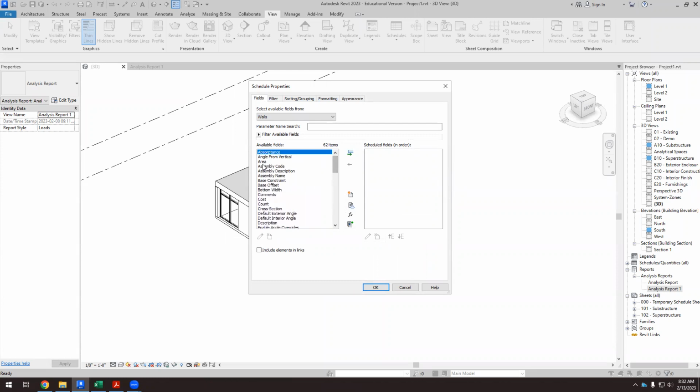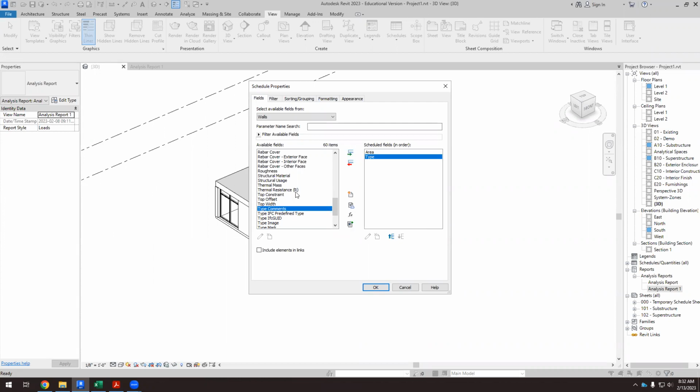So we have to find area, double click. And what else? I need some type, okay, type, because we have different types of walls. In this case, we have the same wall, but in complicated buildings, we can have different walls. So we need the area and the wall type.